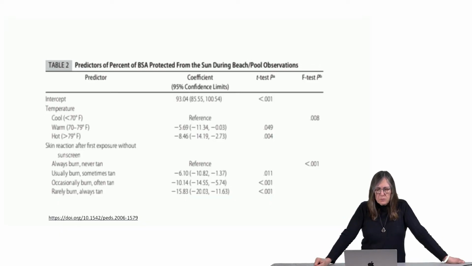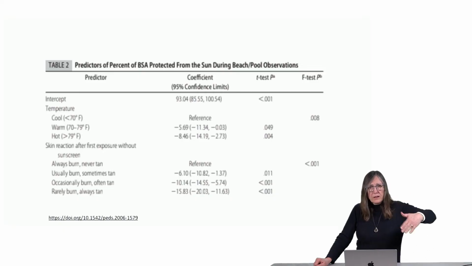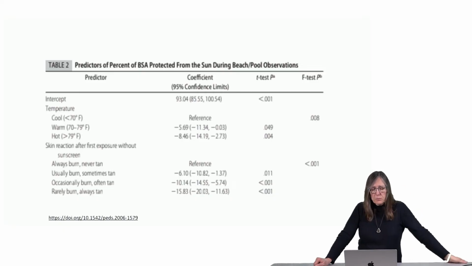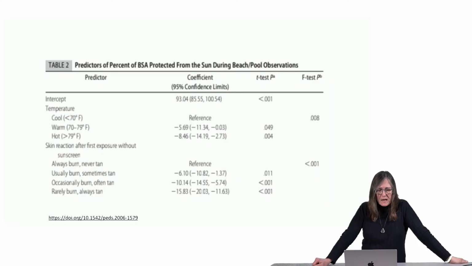because these are 95% confidence limits. When you're looking at the results of a linear regression, you'll see an intercept, and that's the intercept, if you actually had that graphed out, the intercept of the line. And you always have a reference. So when you have linear, you'll see the same thing for a logistic regression as well. You have a reference category.